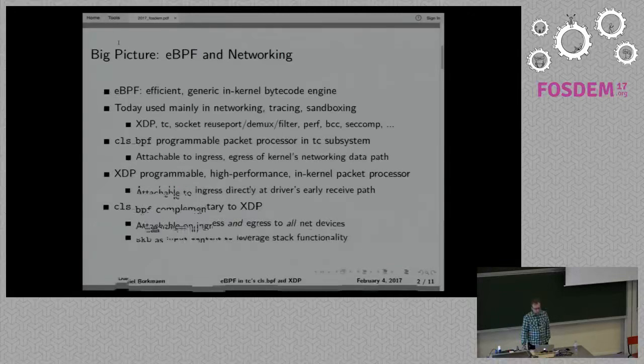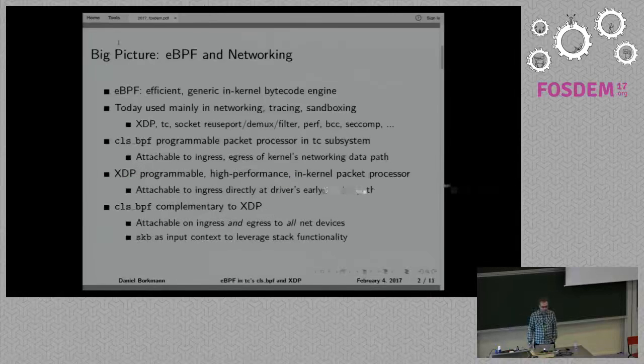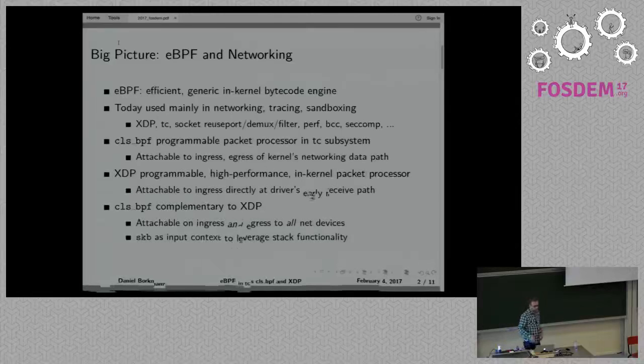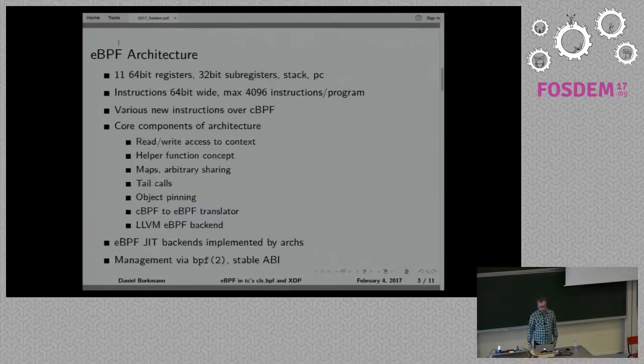And for cls_bpf, you have a socket buffer, which is the kernel representation of a network packet, as an input into the BPF program, where it works with that data, and you have a bit richer context with that. But both are complementary to each other and quite flexible.